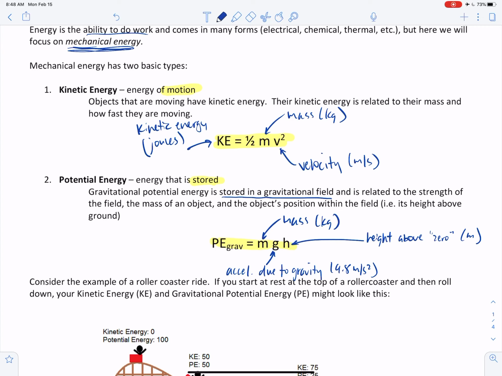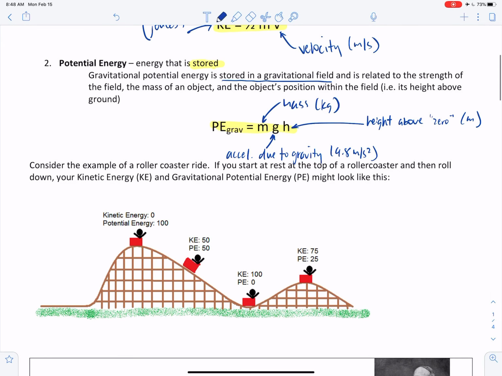So m times g times h, mass times the acceleration due to gravity times the height within that field, and you get to define where the 0 height mark is. Here's an example of a roller coaster ride. If you start at rest at the top and then roll down, your kinetic energy and your gravitational potential energy might look something like this. Starting at the beginning here, we've got no kinetic energy and 100% potential energy.